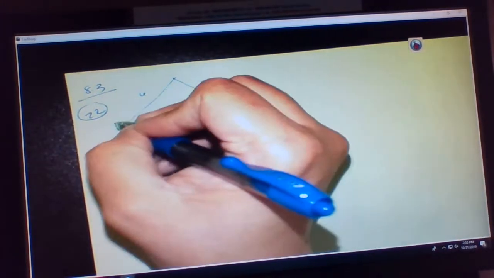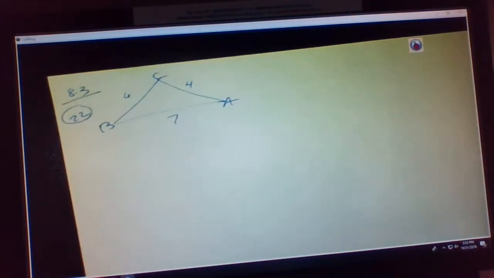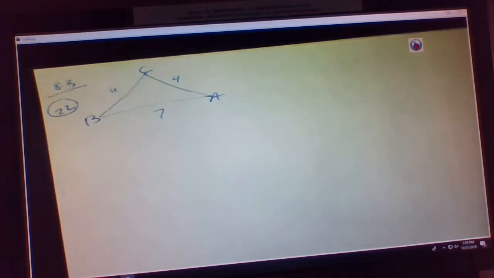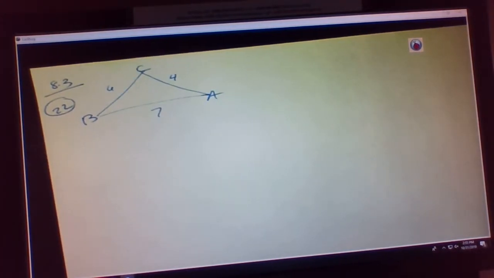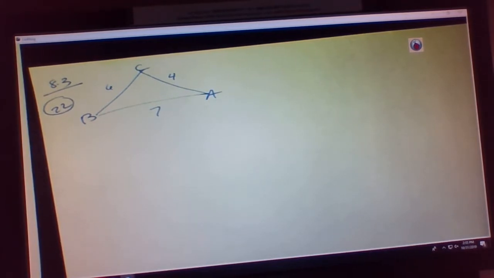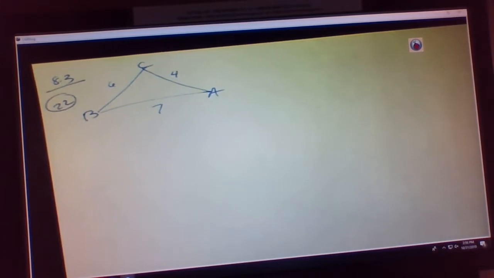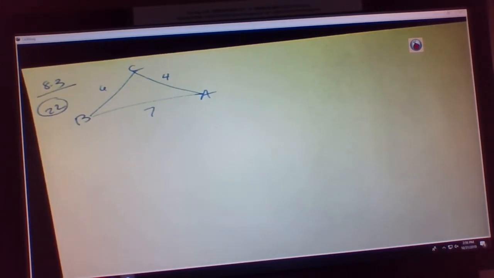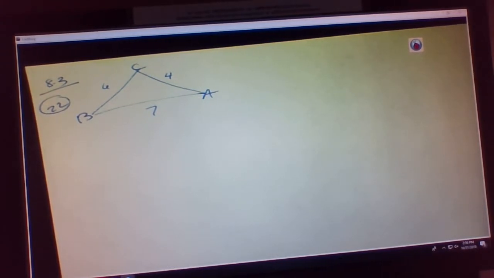This is A, this is B, and this is C. And I am missing all my what? All your angles. So you would have to use the formulas with the angles where you're going to have to use the inverse. Now maybe you're going to get one of the other ones where they give you 2 and 1. So depending on what they give you is what you're going to have to use, right?